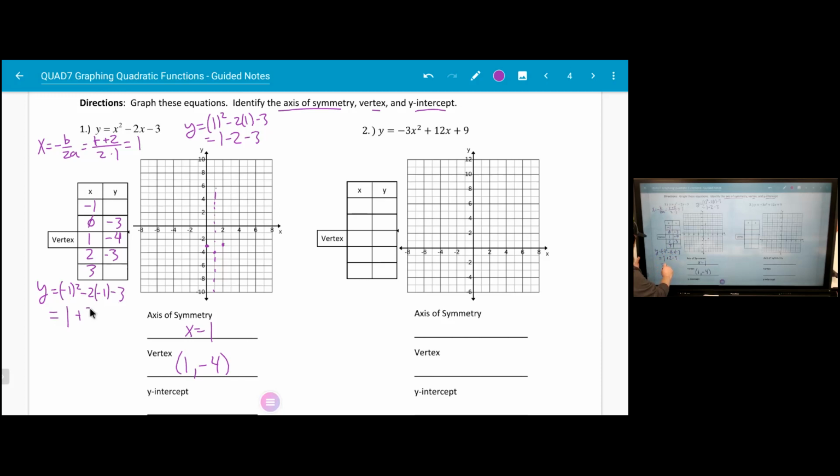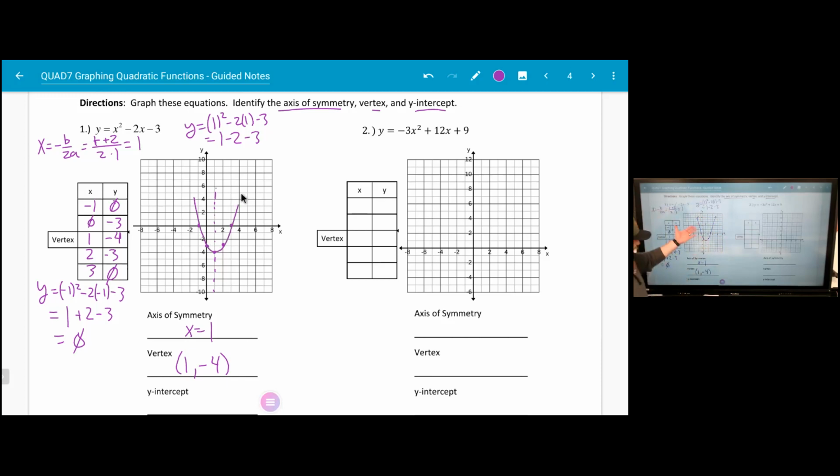Well, that happens to be 0. 1 plus 2 is 3. 3 minus 3 is 0. So if x is -1, y is 0. And if x is 3, y is 0. We actually just found on accident the x-intercepts. I didn't even ask for it, but we found them right there. So (-1, 0), (3, 0), and we've got 5 points from which we can sketch our graph.